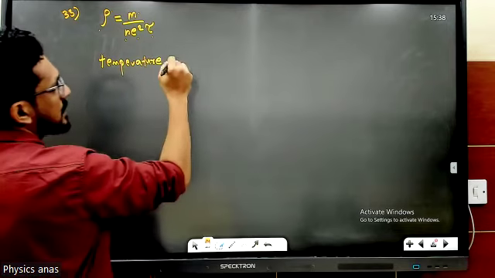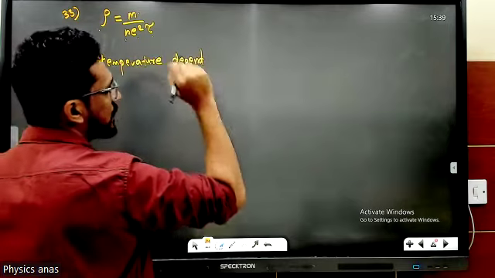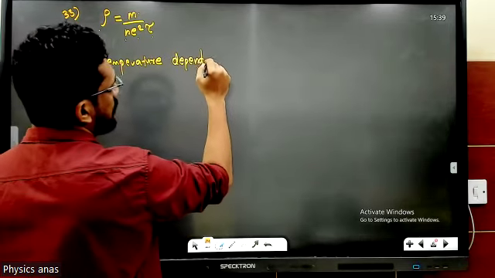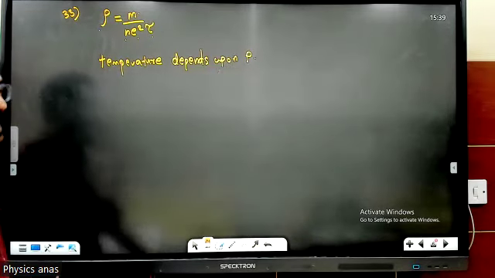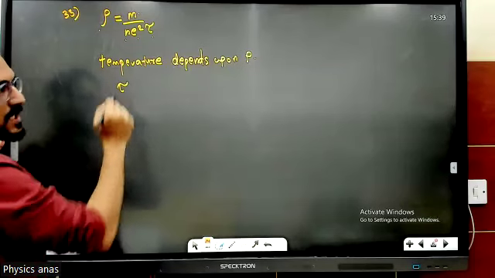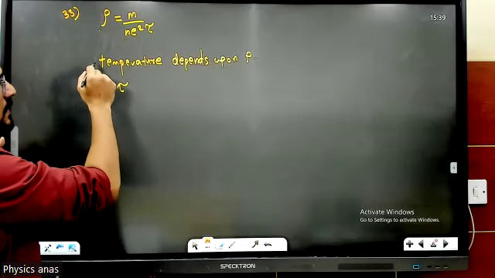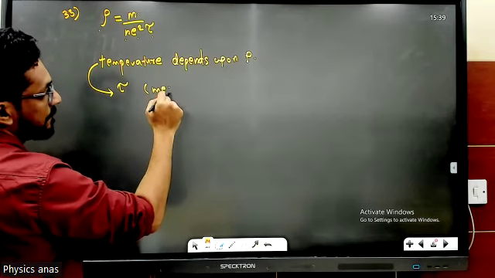We have studied the temperature dependence of resistivity. In the case of metals, as temperature increases, relaxation time changes.